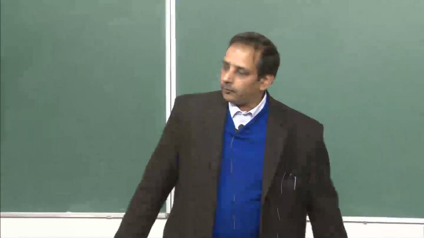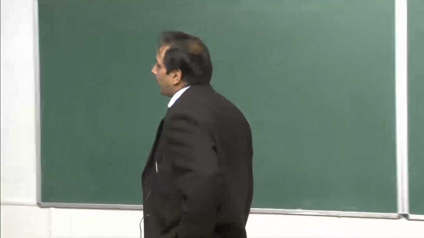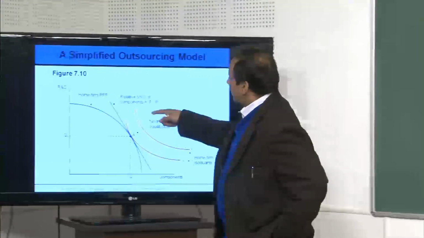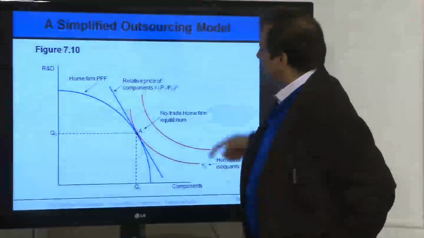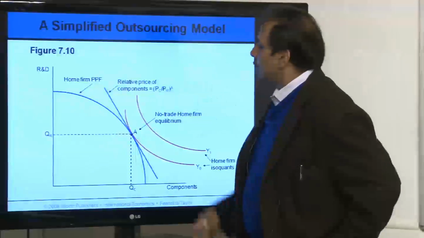Now, what would it mean? If you get a higher price for R&D, that means if you work out the relative price of component, it will go down.